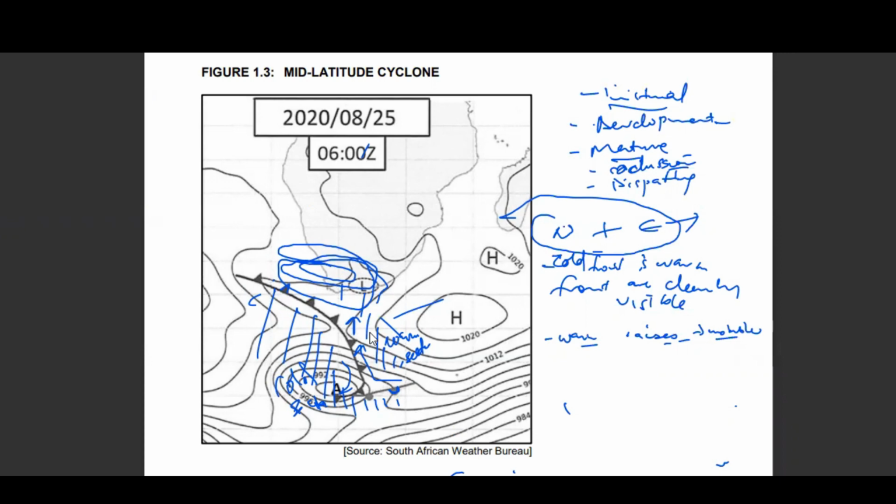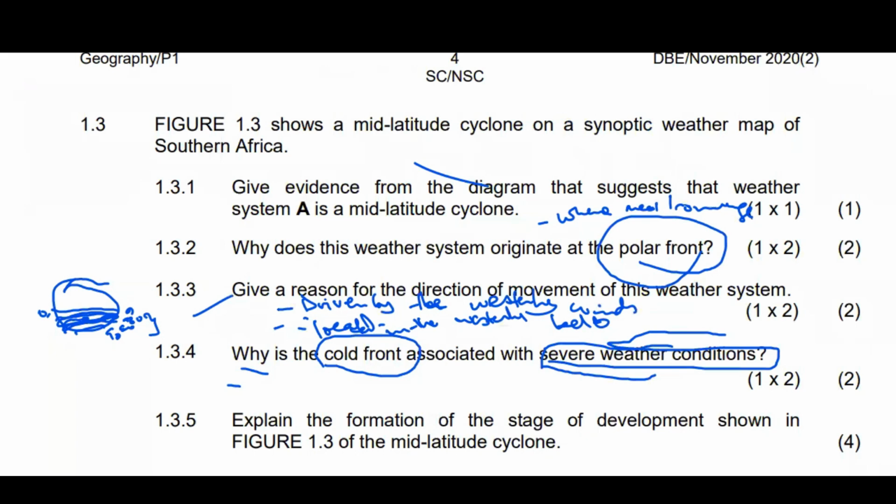So one of the reasons that we are going to have is that there is continuous and rapid rising of warm air along the cold front. And when it rises, it condenses, forming clouds, forming rainfall. So reason number one is the rapid and continuous rising of warm air.